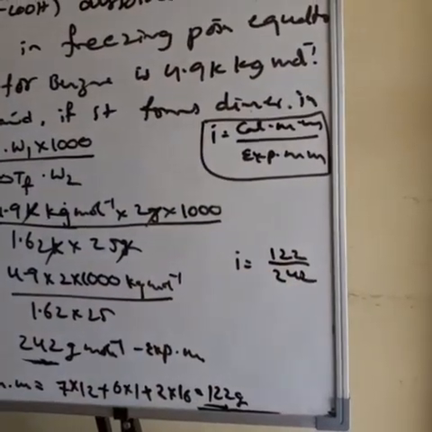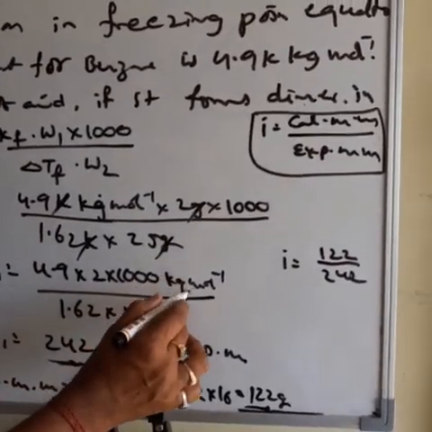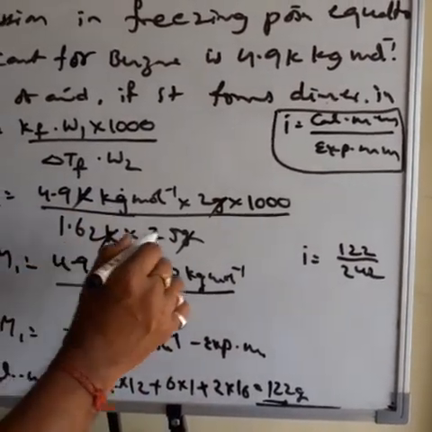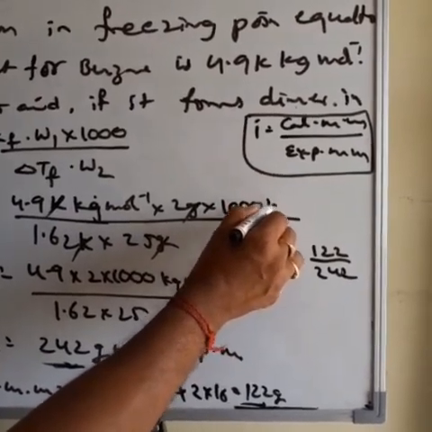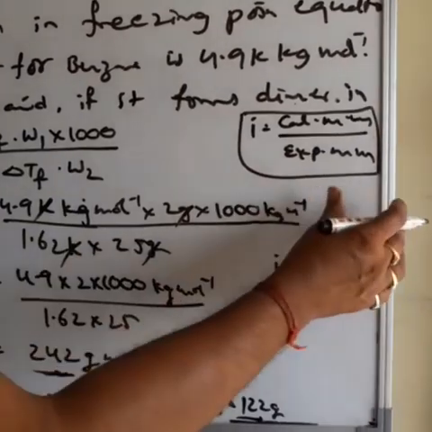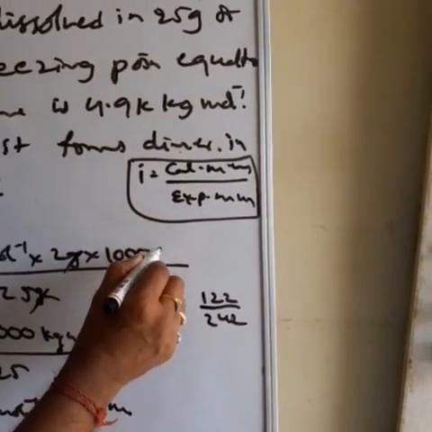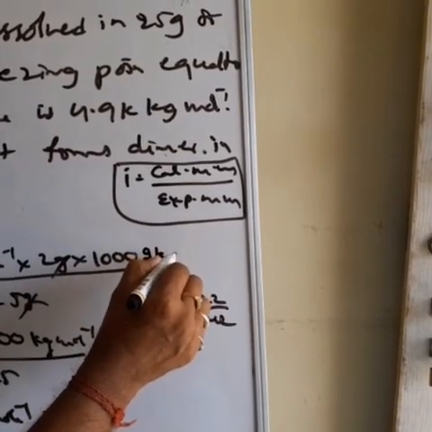The unit is gram mole inverse. If you have a doubt that this should be kilogram mole inverse, why do we take gram mole inverse here? Because the weight of solvent is in grams per kilogram inverse.